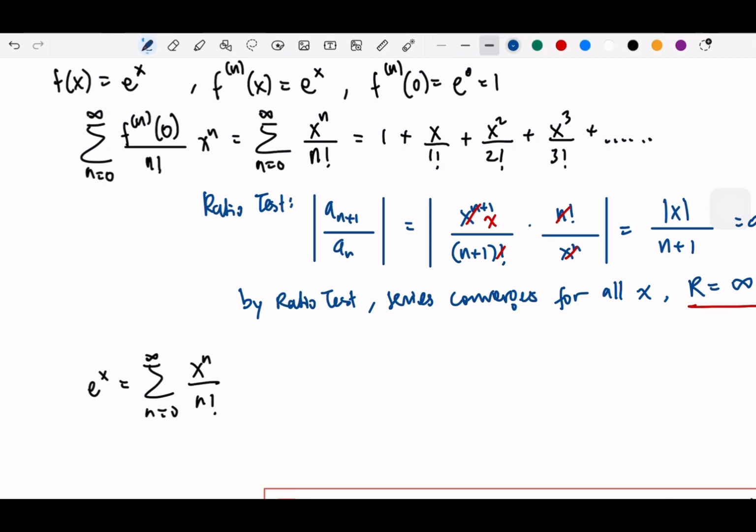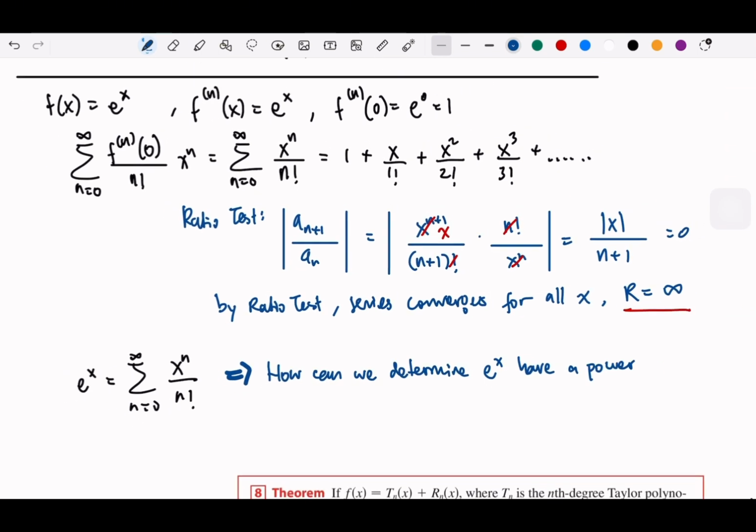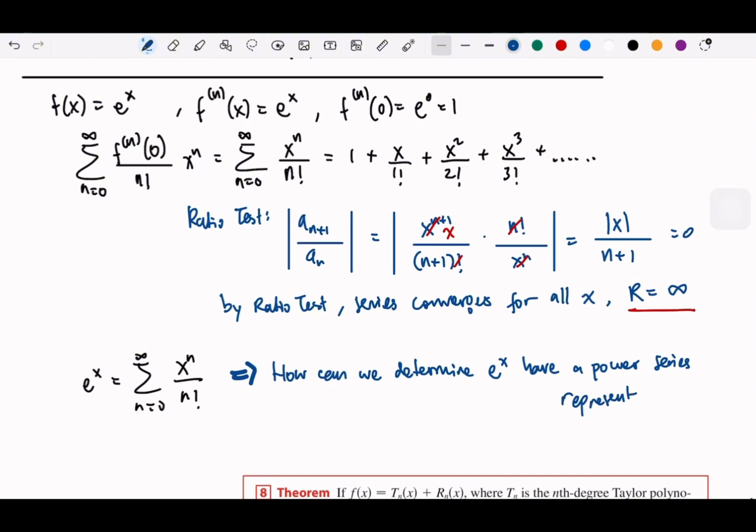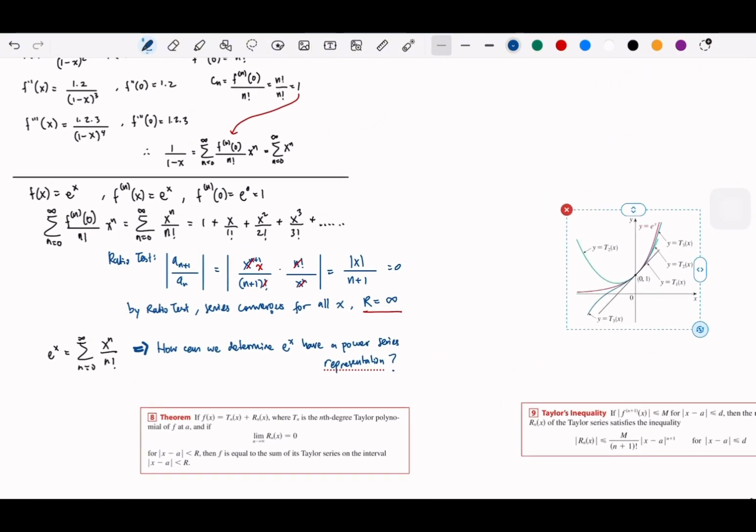But the question is, how can we determine that it has a power series representation? Now the best way to get to the answer is by approximation. So the best way is, let me write here.